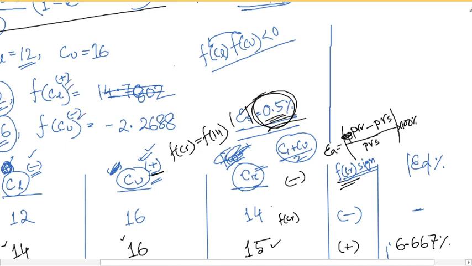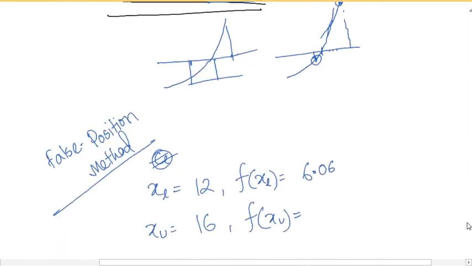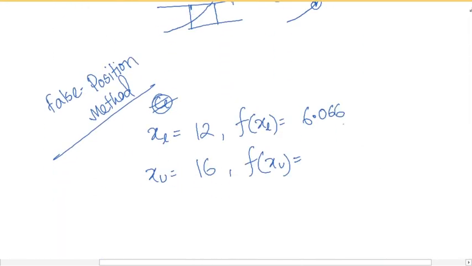It will be a positive sign. It will be 6.0669 in our case. So nothing will be changed here. So 6.0669, and this one, as we have calculated, 2.2688.